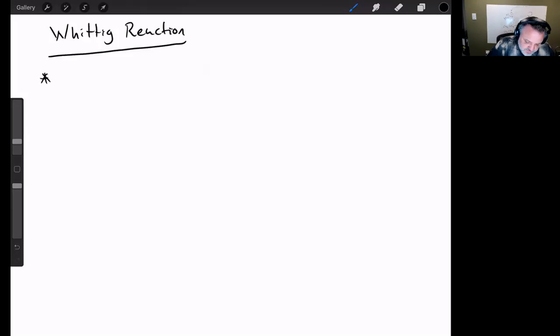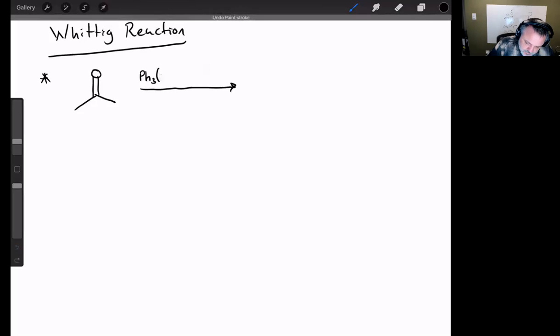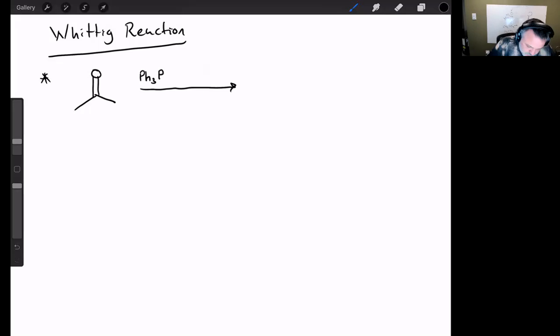Let me give you just the basic reaction. If I take a carbonyl group, so again, this is a carbon nucleophile, and I react it with a Wittig reagent, the double bond stays, but I replace the oxygen with a carbon.